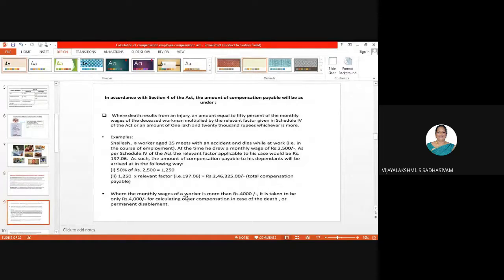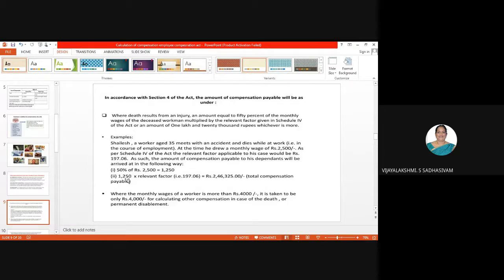Then regarding section 4 of the Act, the amount of compensation which is payable is as follows. Where death has resulted from the injury, an amount equal to 50% of the monthly wages of the deceased workman multiplied by the relevant factor given in Schedule 4. So we have to take a look here. Here they have given the wages and the amount.